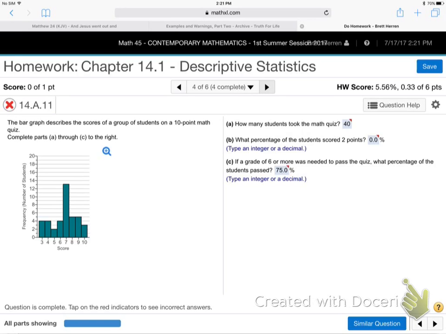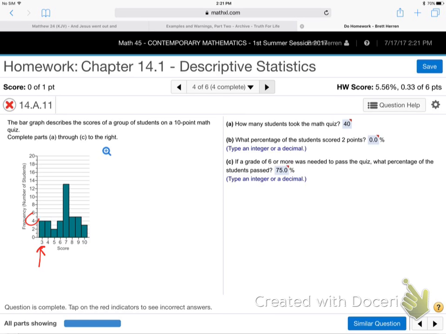The bar graph, 10-point quiz. So do you understand what that bar chart is saying, first off? Those are the various scores people got, and that's how many people got the various scores. So in other words, a score of 3. How many people got a score of 3 on the quiz? 4.